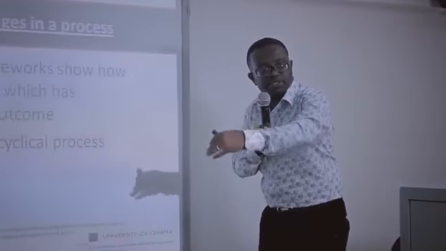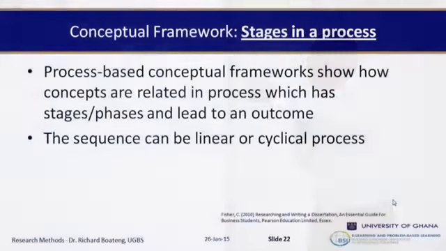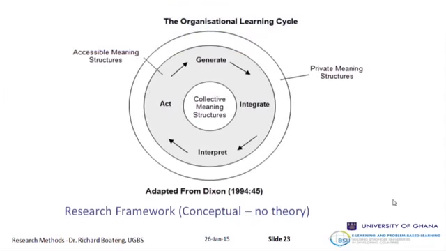And a conceptual framework can sometimes come in stages in the process, which means that there are steps, stage 1, or phases, phase 1, phase 2, phase 3. And the sequence can be linear or cyclical. For example, this is done by Dixon in 1994 in a book that she wrote about organizational learning.